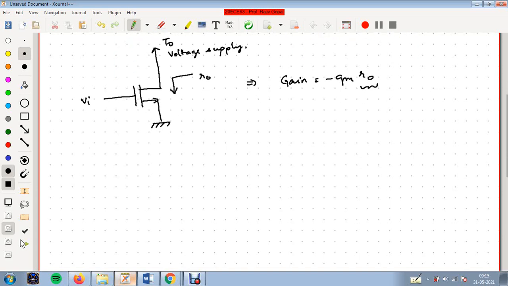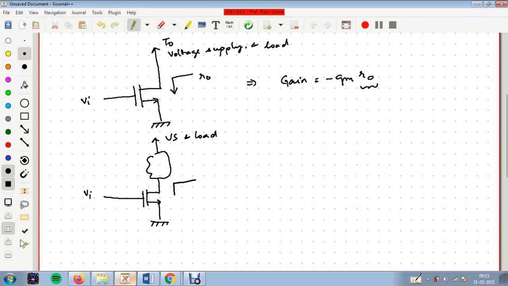So what I do is I come up with a configuration like this. This is VI, again the source is common, and I will use some configuration here, which will go to the voltage supply and load. When you look at the impedance in this direction, it is R naught.